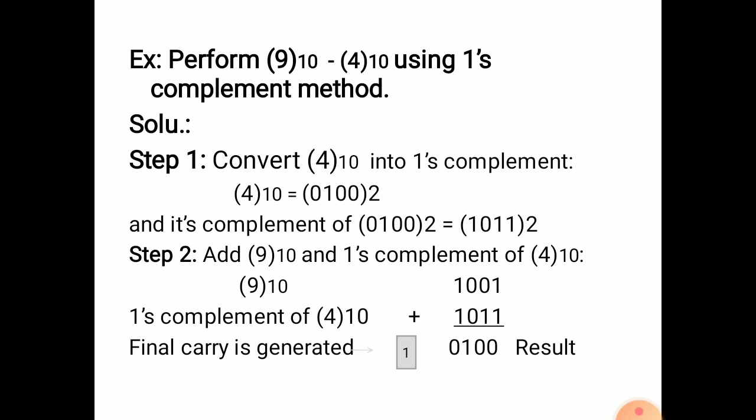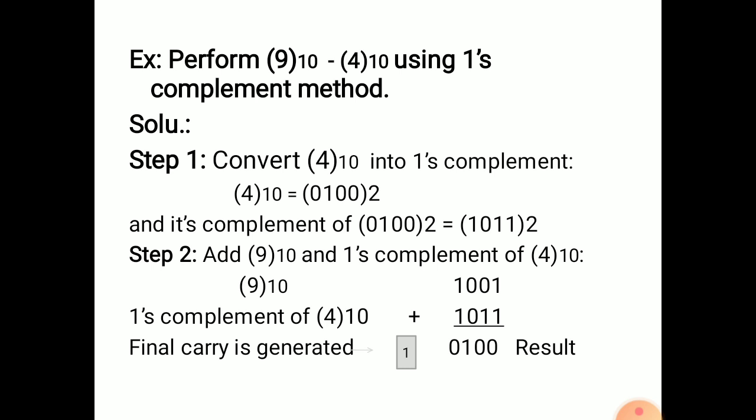Let's see the addition. 1 plus 1 is 0 with carry 1. 0 plus 1 is 1, and 1 plus carry 1 is 0 and carry is also 1. 0 plus 0 is 0 and 0 plus 1 is 1.